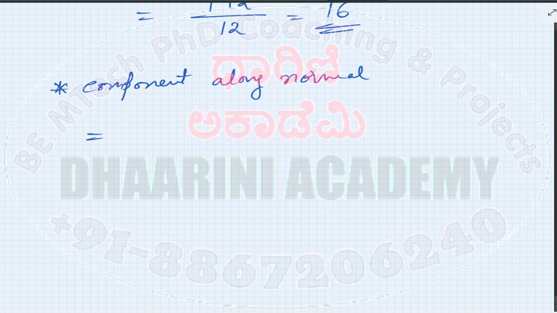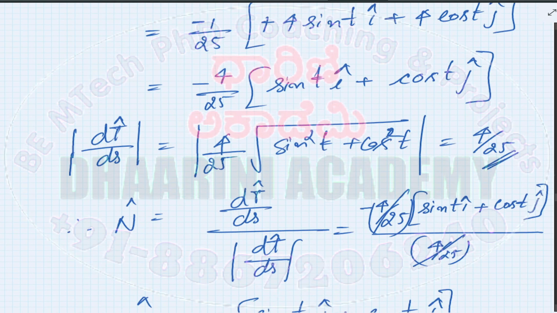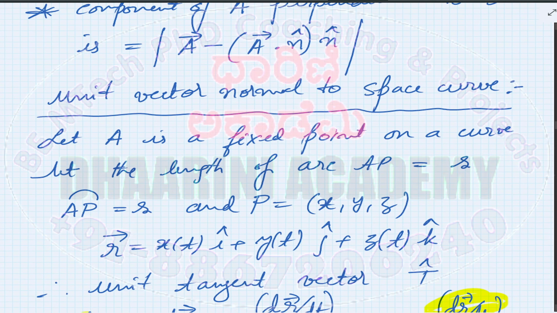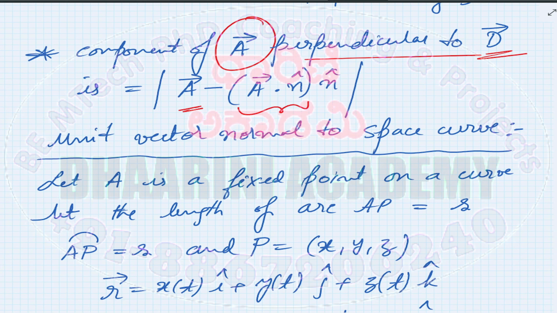Let's go back and check the equation which we are going to use. I'm talking about this particular equation: component of a vector perpendicular to the other vector. Now the other vector is v, velocity. Perpendicular to velocity is what I'm searching for. That is nothing but the vector A minus the component into n cap. This is what I'm supposed to do.